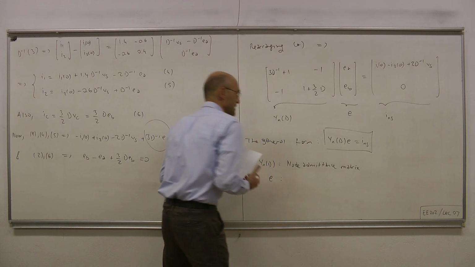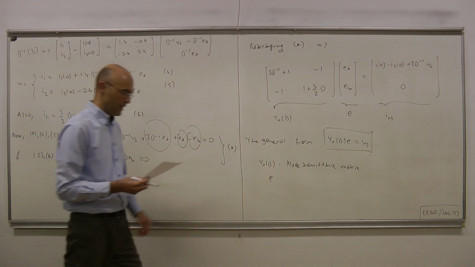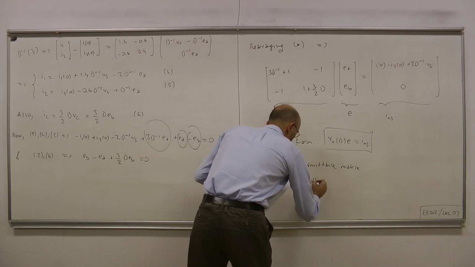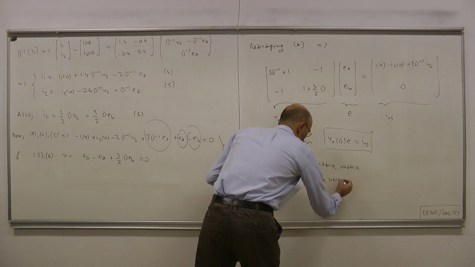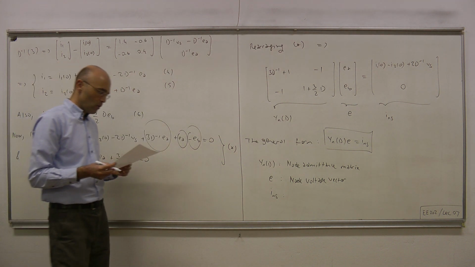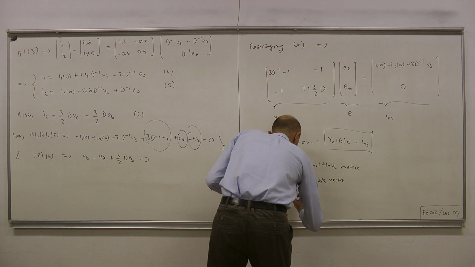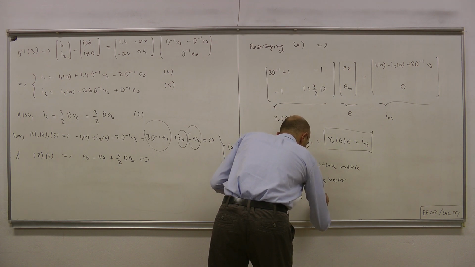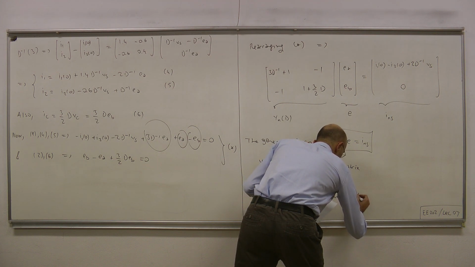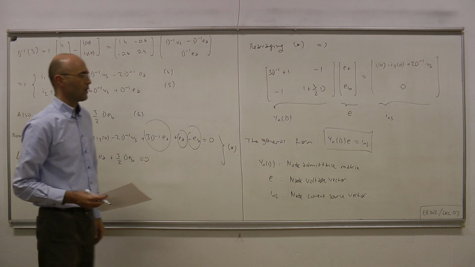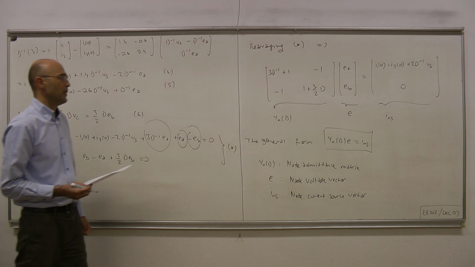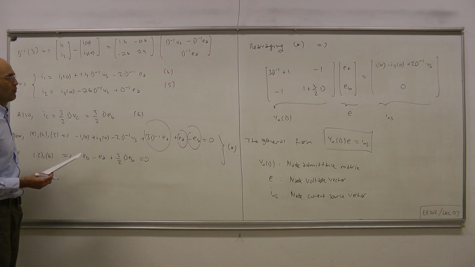E, well, what E is is clear, it is our node voltage vector. And the right hand side is called the node current source vector. So that's about it for the node voltage formulation.